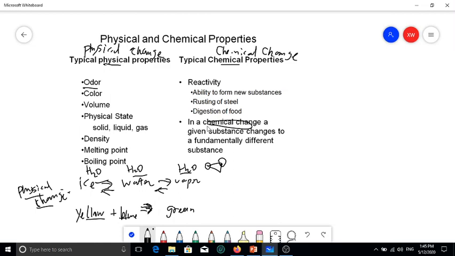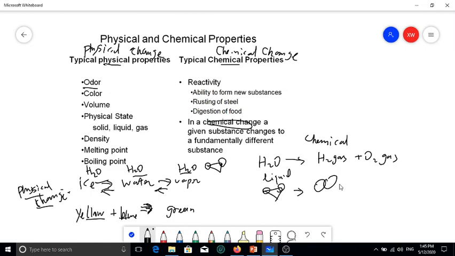Whereas chemical change, you can imagine, is totally opposite. For instance, if you pass electricity into water, you can break this liquid water into hydrogen gas plus oxygen gas. Now this is a chemical change, because you can see the actual molecule of water is now destroyed.